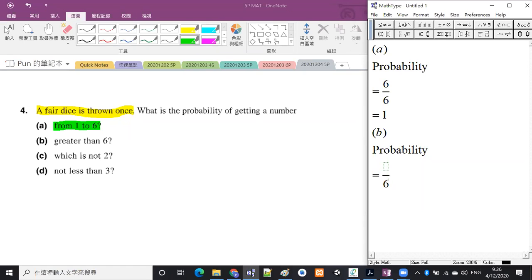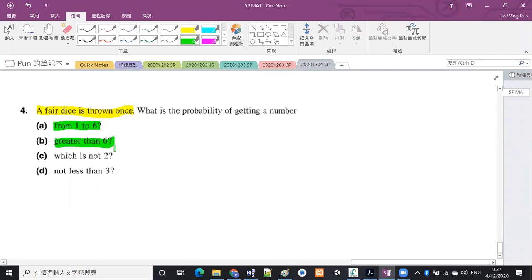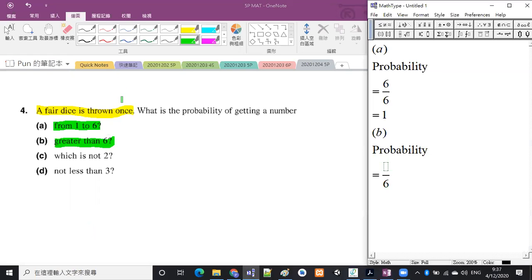So the denominator is still equal to 6. 都係擲一次嗰粒色仔，咁所以個分母都係6，因為仍然有6個可能性。咁但係分子今次係 greater than 6。我哋可能會擲到1點至6點，當中有幾多個係 greater than 6嘅咧？冇嘅，因為只係得1至6點。So the number of the outcomes which satisfies this requirement is equal to 0.